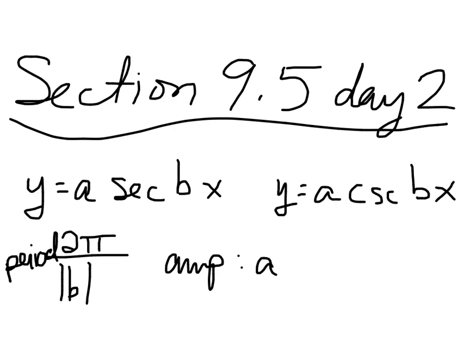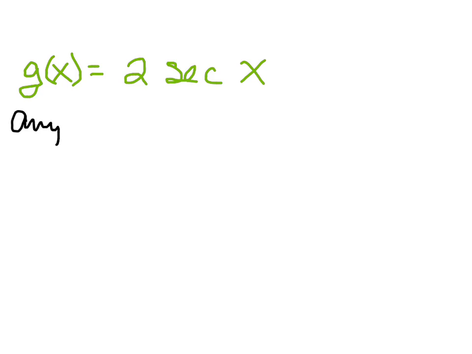Okay, here's what we've got. First one is g of x equals 2 secant of x. I want you to identify a couple things for me. What's the amp? 2. What's the period?